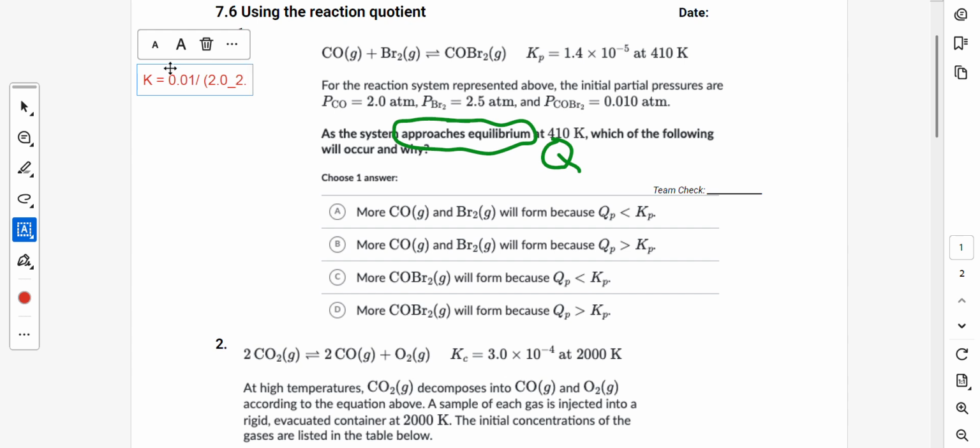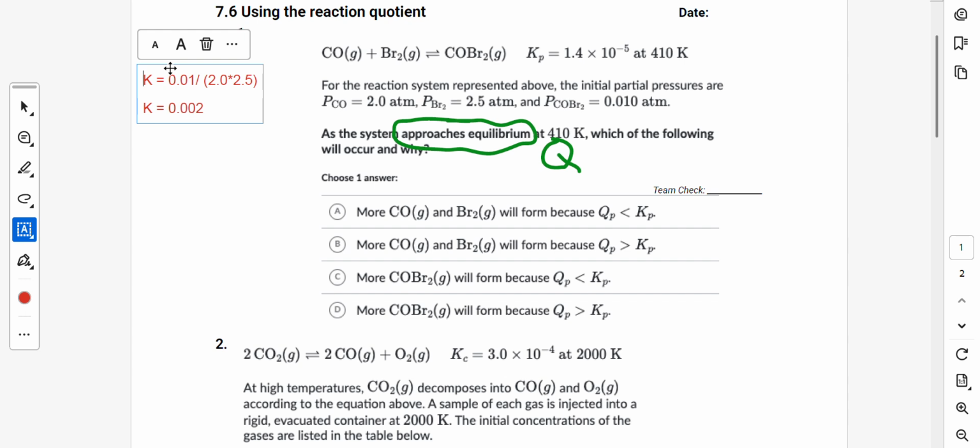I don't see any coefficients, so that's really nice. So I calculate this out, 0.01 divided by 2 times 2.5 on the bottom.